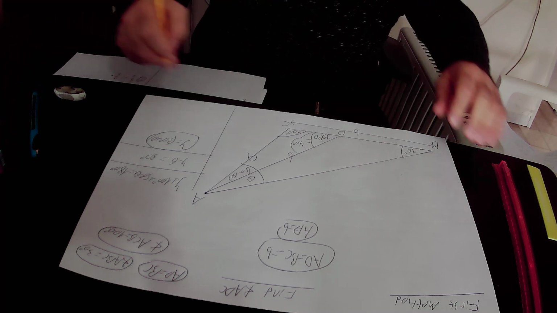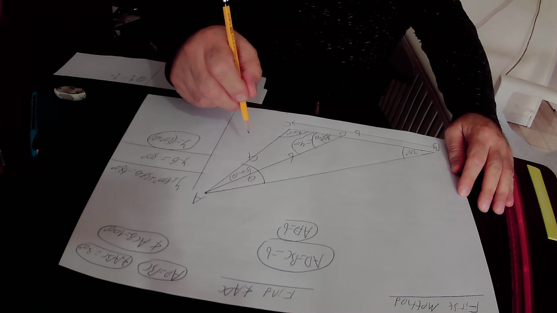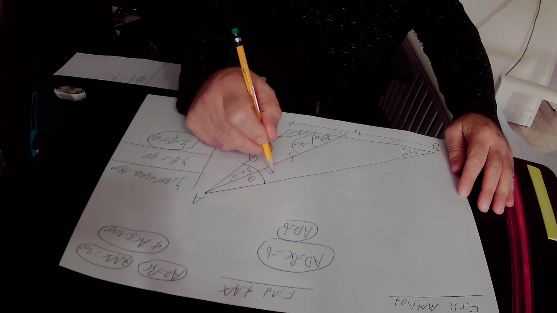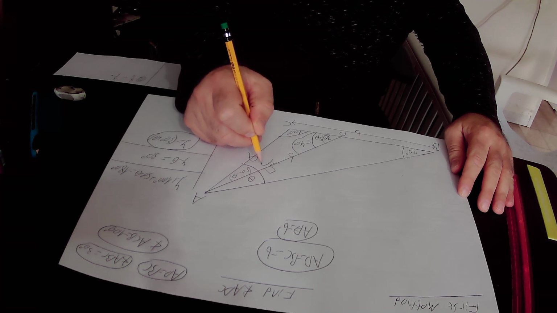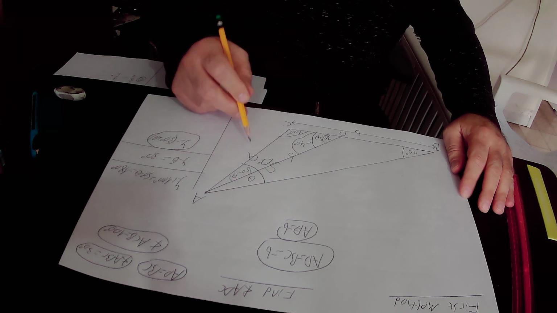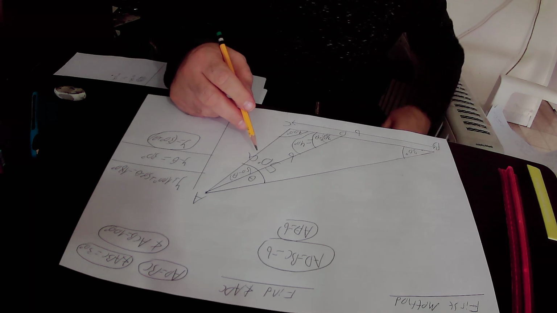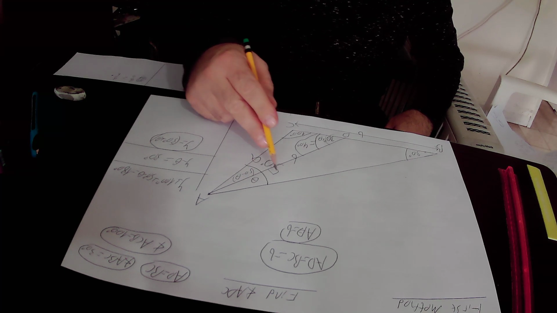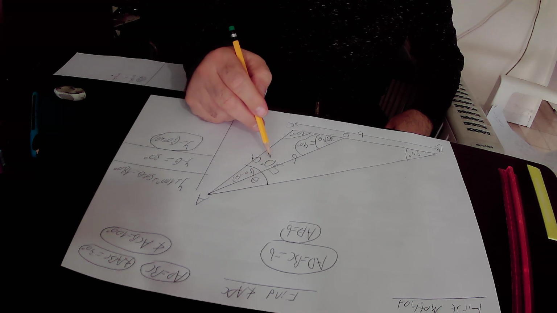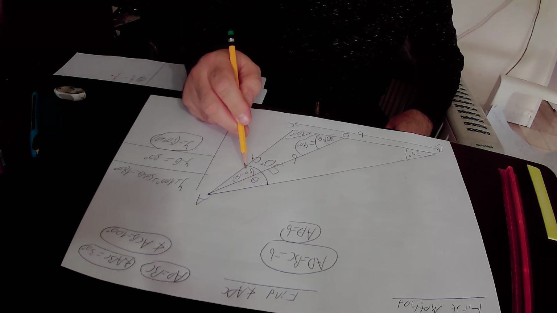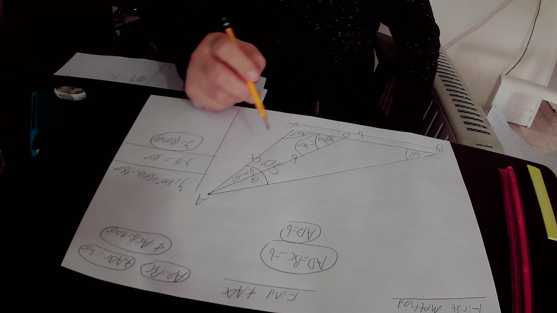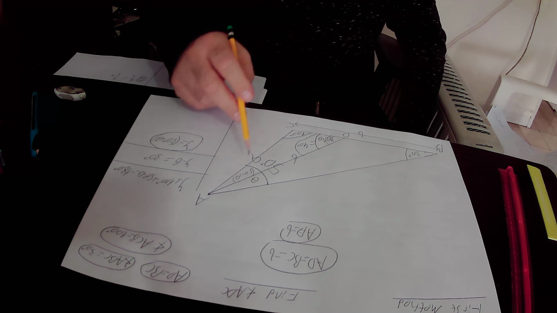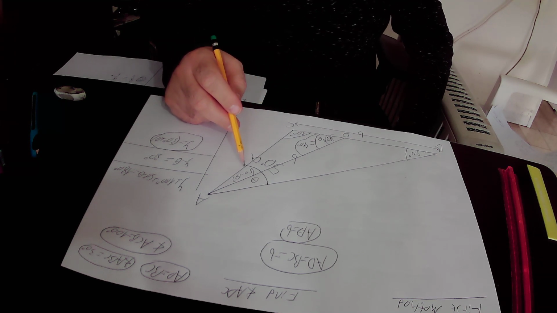We know that angle BAC equals 50 degrees. So if we subtract theta from this big angle that is 50 degrees, we will get the value of this angle that is actually 50 degrees minus theta. So angle DAC equals 50 degrees minus theta.